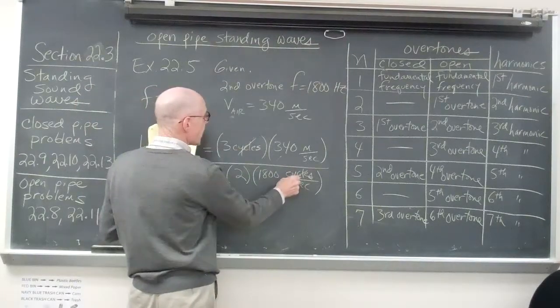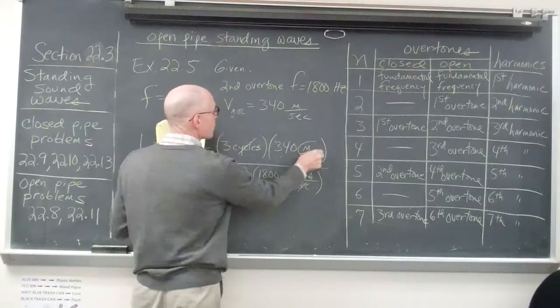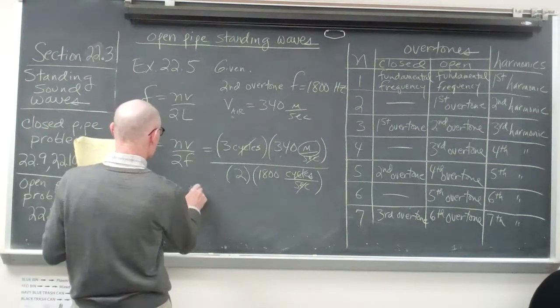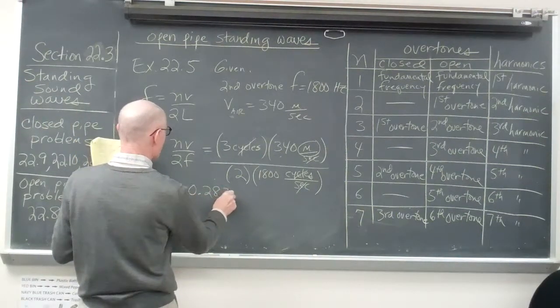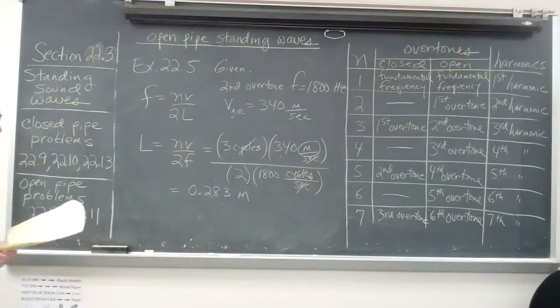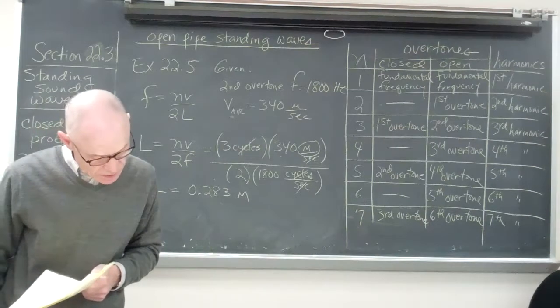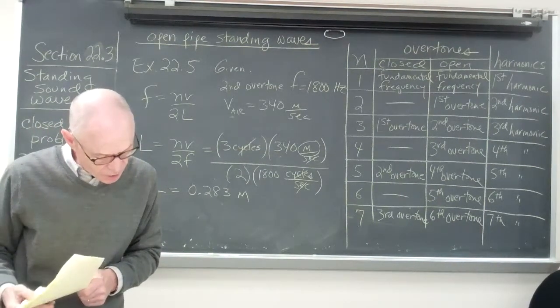So cycles cancel out, seconds cancel out. You're left with meters, which is appropriate for the length of a pipe. And this results in 0.283 of a meter. And in the textbook, they also converted it to centimeters.